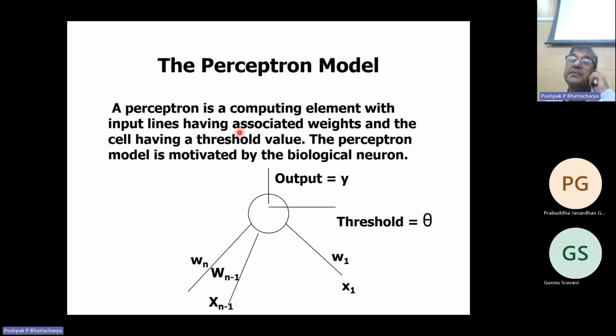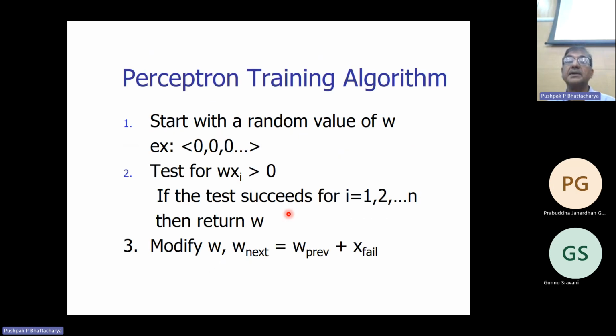Then we move to the perceptron model. The perceptron actually is a computing device which takes the dot product of the weight vector and the input vector and compares with a threshold, and then fires or doesn't fire. The perceptron training algorithm is a very simple algorithm where we take the pre-processed vector, start with an initial weight, and keep on adding the vectors which failed the test of w dot xi greater than 0.